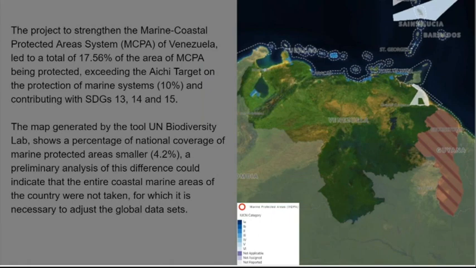The map generated by the UN Biodiversity Lab shows a smaller percentage of natural coverage of marine protected area, 4.2%. A preliminary analysis of this difference could indicate that the entire coastal marine areas of the country were not taken into account in this case, for which it is necessary to adjust the global data sets. Here you have the map that shows the system of the coastal marine areas of the country. The next, please.